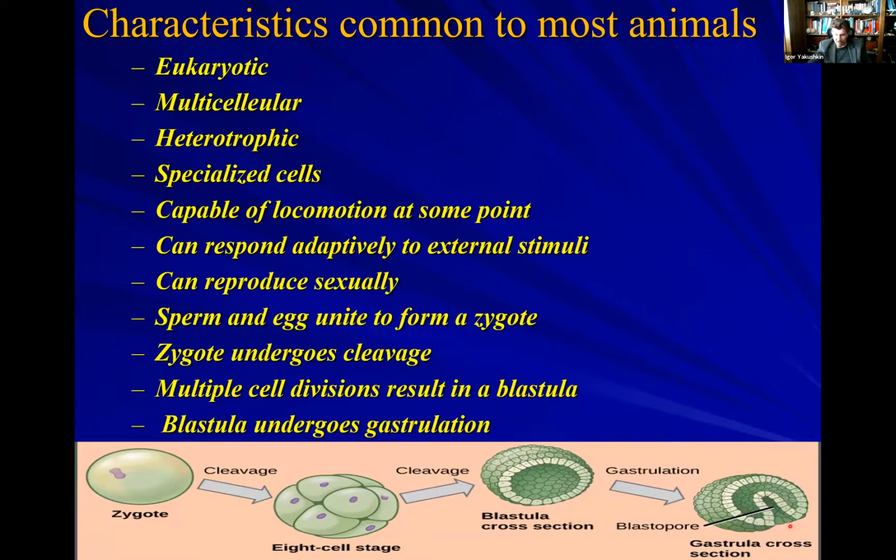And that particular opening will either, remember, the whole tube will create a digestive system. A digestive system has a beginning and an end, a mouth and an anus. So the 2 groups of animals, which I already addressed, protostomes and deuterostomes, will be subdivided based on what this initial opening will turn into.